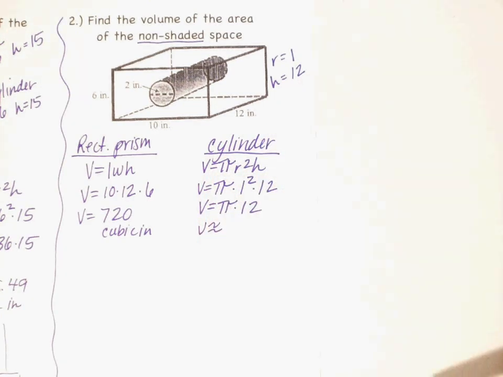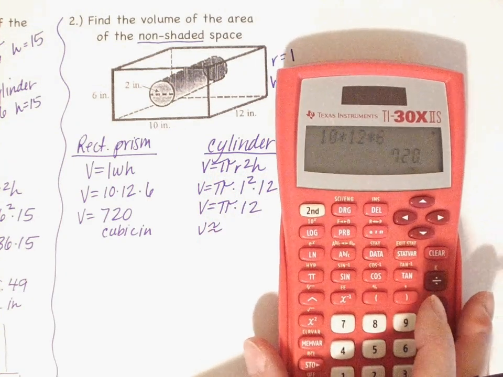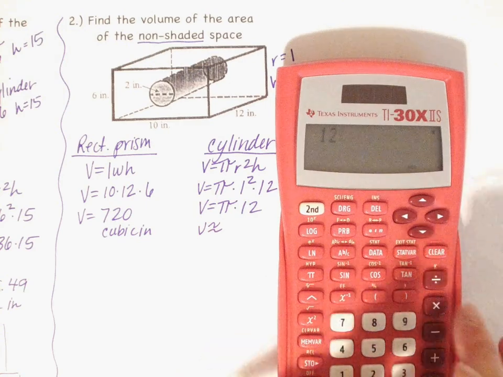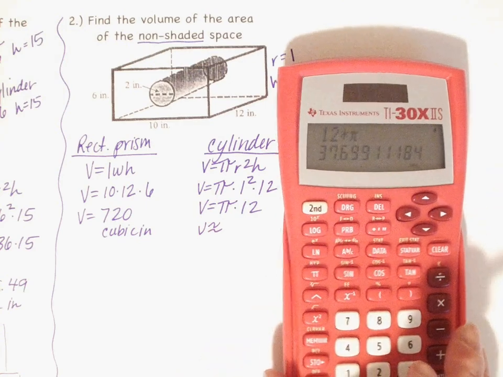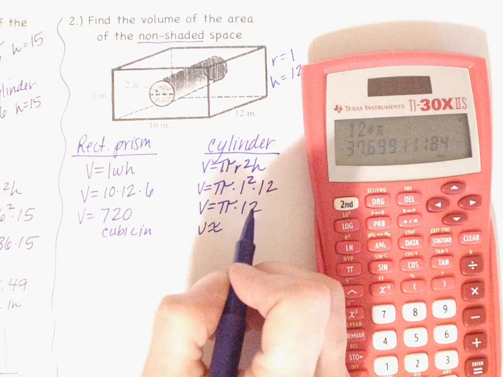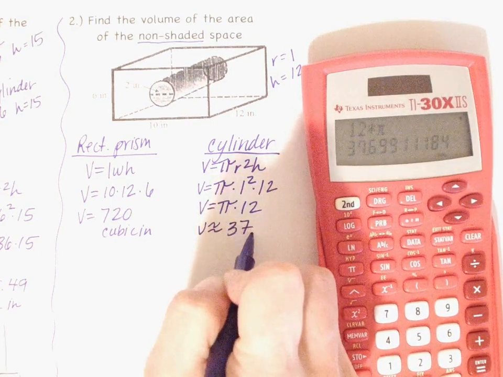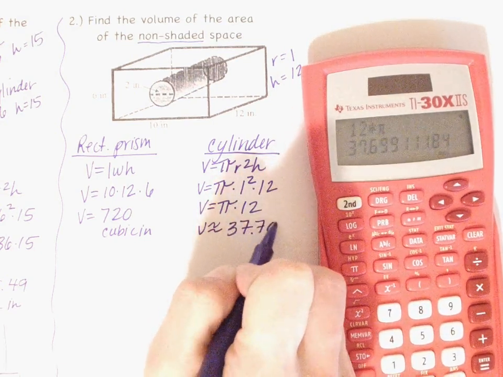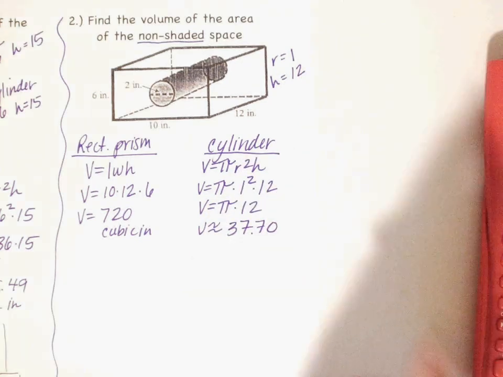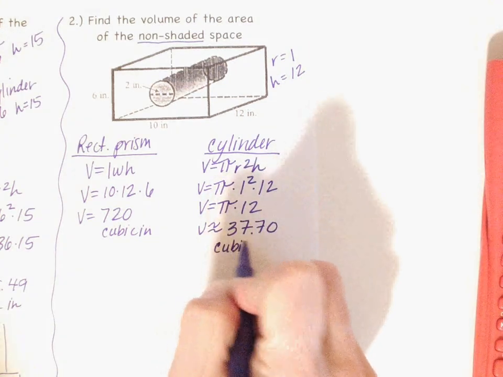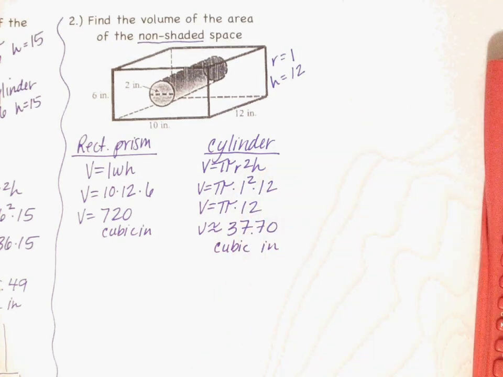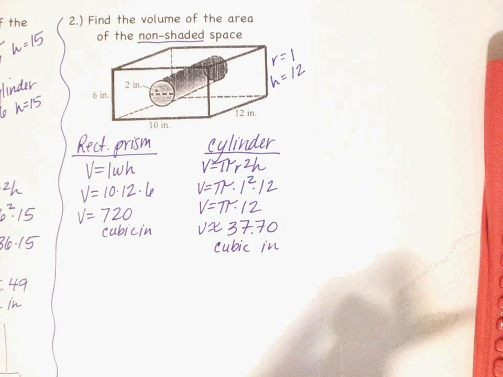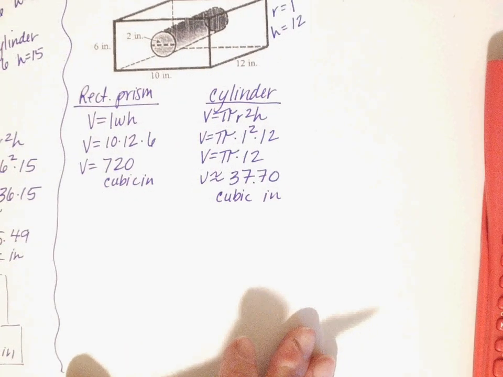But at this point, I'm just going to multiply 12 times pi, and that gives me 37 and 70 hundredths. I'll write that as cubic inches. And then the last thing we're going to do is find the volume of that non-shaded space.